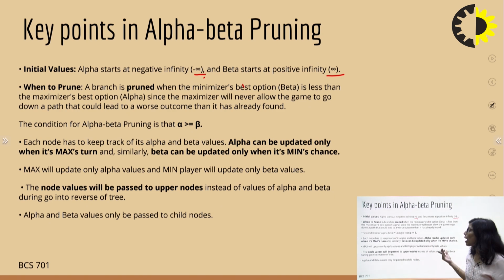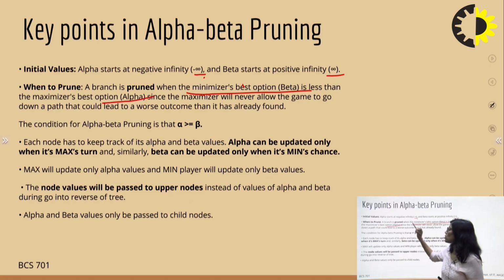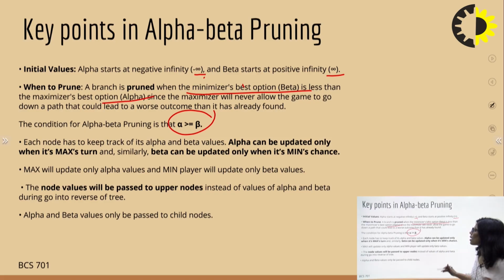So when we have to prune, a branch is pruned when the minimizer's best option is less than the maximizer's best option, alpha. So, in short, we can say if we are finding a condition where the value of alpha is greater than or equal to beta, we will prune the remaining branches. So each node has to keep track of its alpha and beta values.